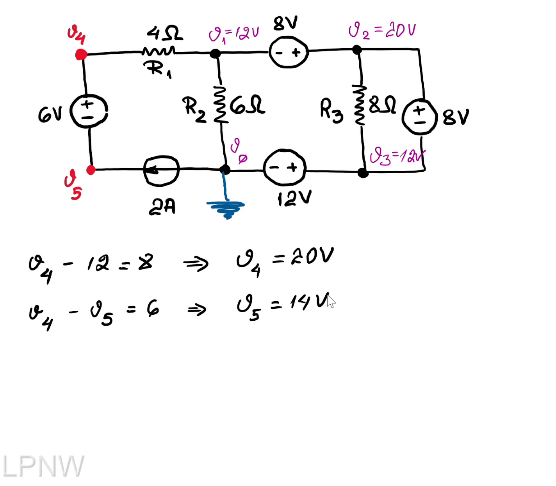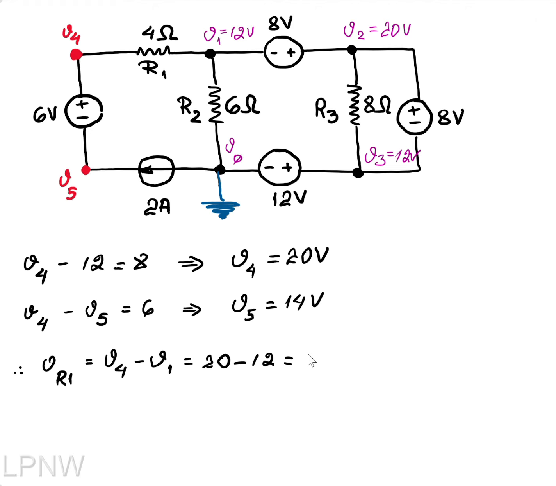So let's organize everything we know about the voltages. Across resistor R1, I have V4 minus V1, which gives 20 minus 12, a value of 8 volts.